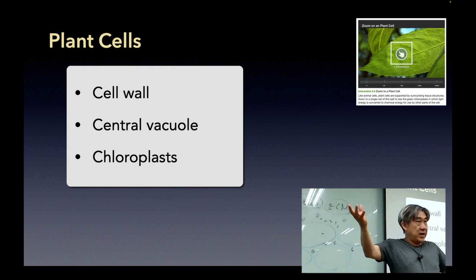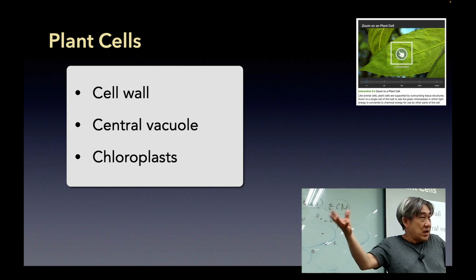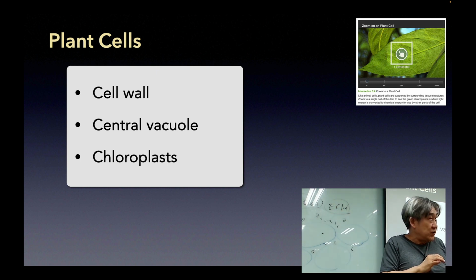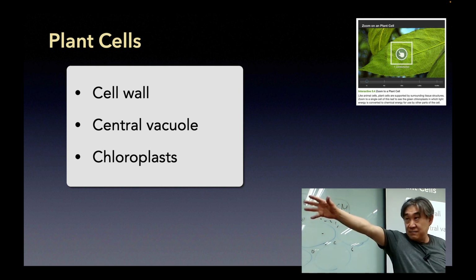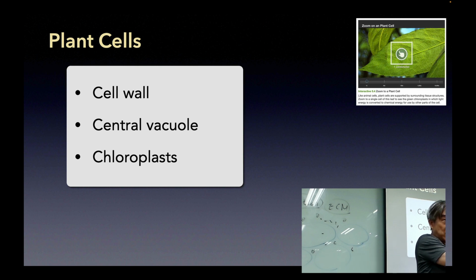And different plants will have their own unique chemicals stored in their vacuole. For example, tobacco, right? Tobacco plant is renowned for having a particular compound, which is nicotine. Not every plant produces nicotine, but only some specific tobacco plants are able to produce nicotine. And this nicotine will be stored in each cell's central vacuole.